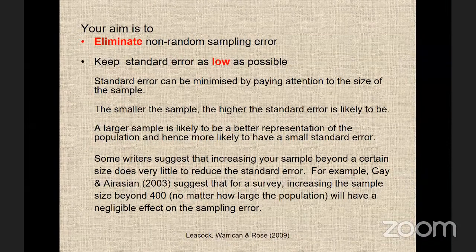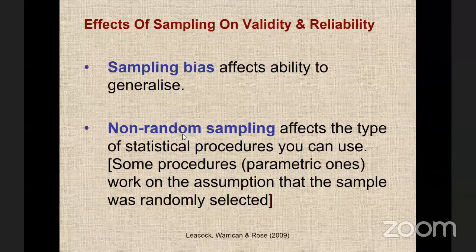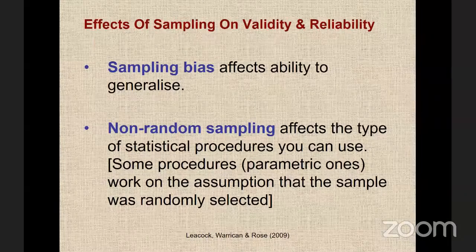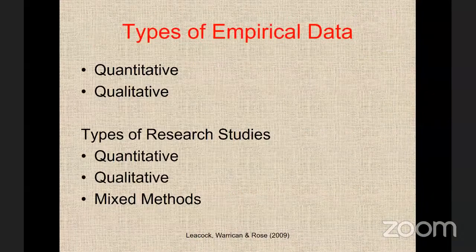Because there's going to be some amount of non-random sampling error, and some random sampling error is going to be there.